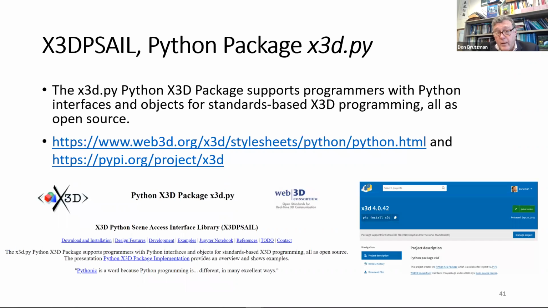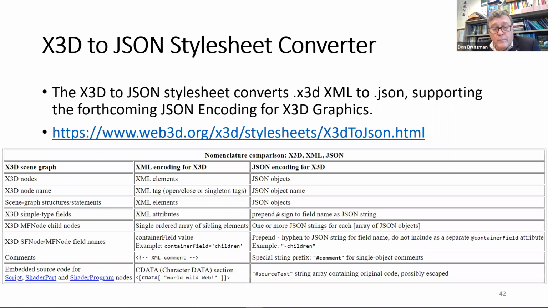Similarly, Python, there's no dependencies on other libraries that might conflict with what people do. It's all, as far as we can make it go, best practice Python. Automatically generated and automatically installable in your local Python through PyPI, the Python interface library.